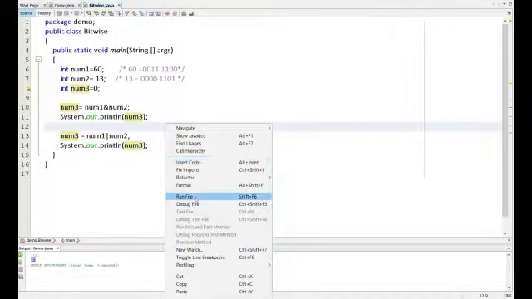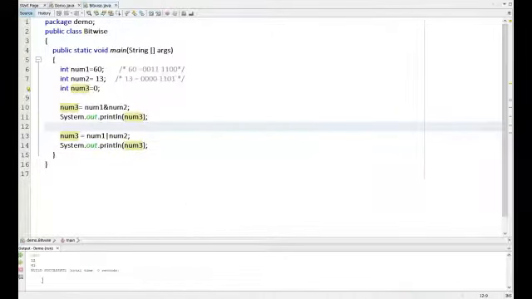When we run this file, it gives the answer 61. That means making the bitwise OR operation between the two operands gives us 61 as the answer.